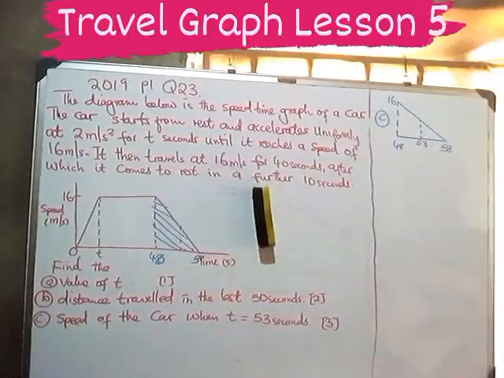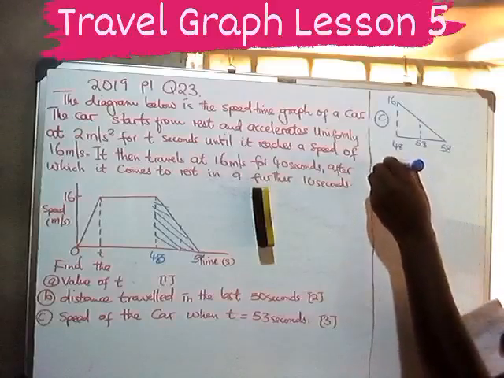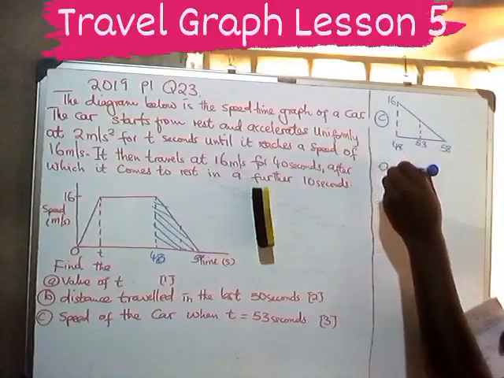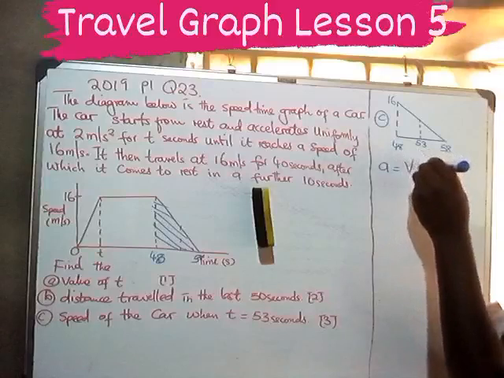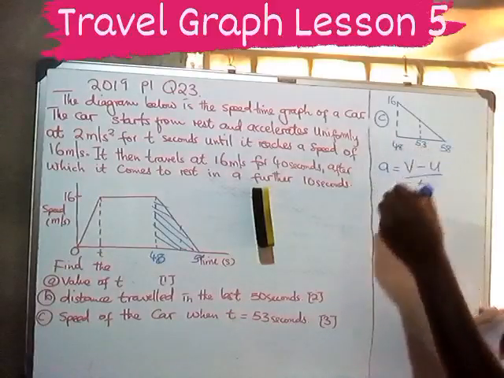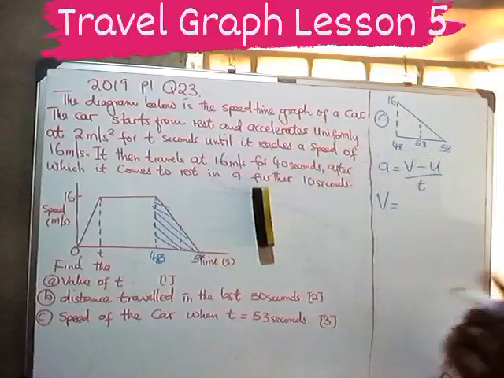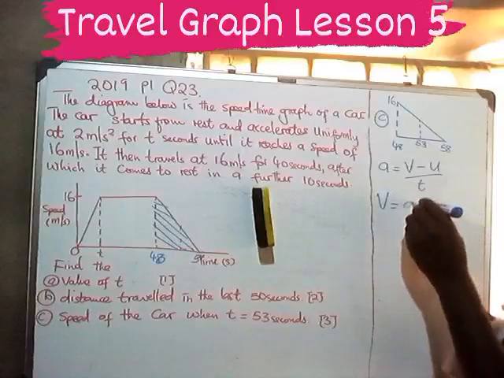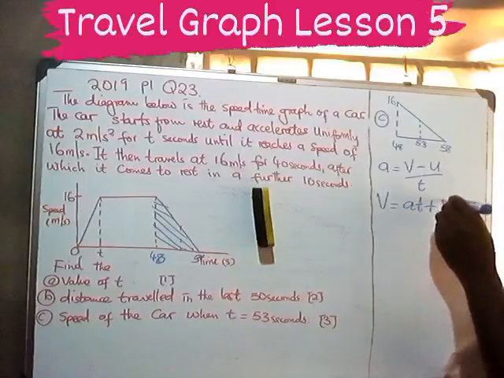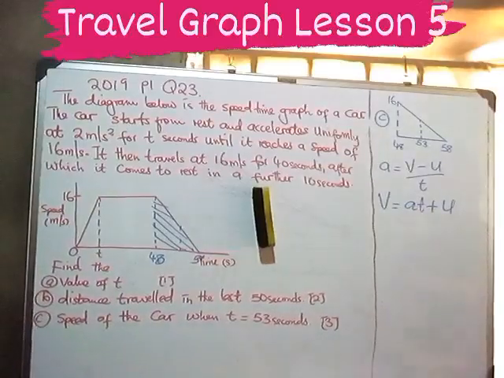So now, what will be the speed? As usual, we use the formula for acceleration, which is final velocity minus initial velocity over time taken. Our interest is to find V. We have done this in the previous videos. We are saying V is equal to AT plus U. Now, what is our A? Our A is the acceleration, which is the deceleration.